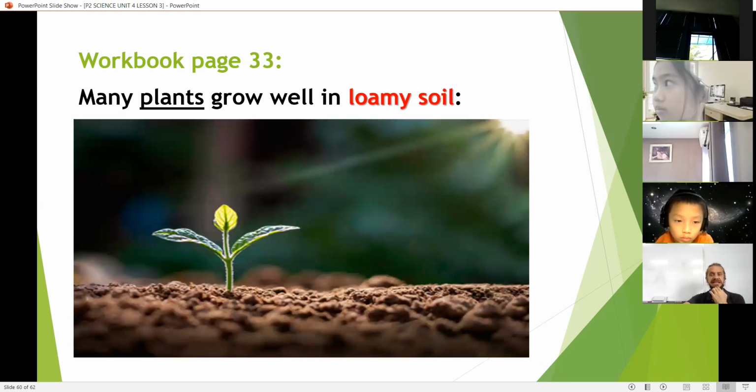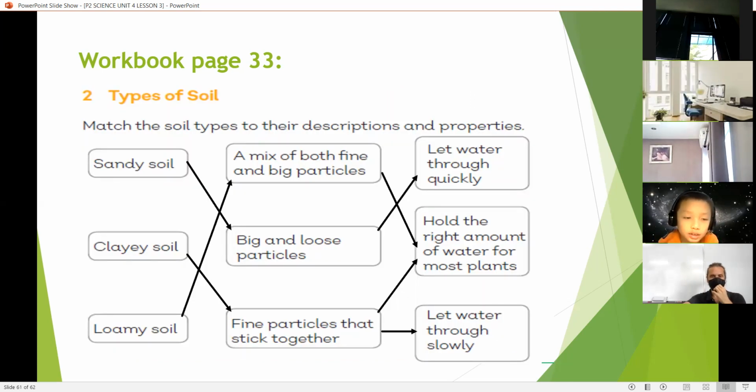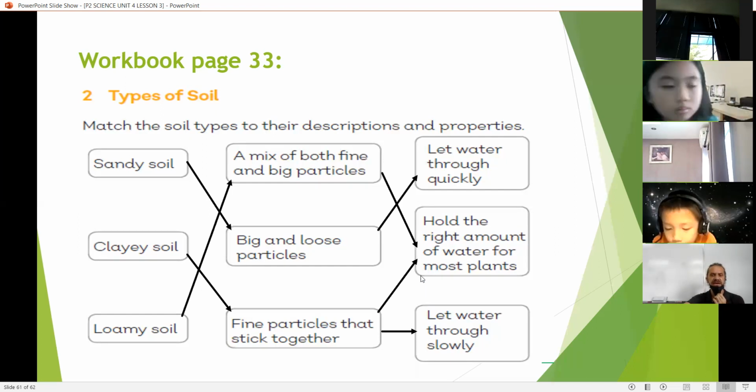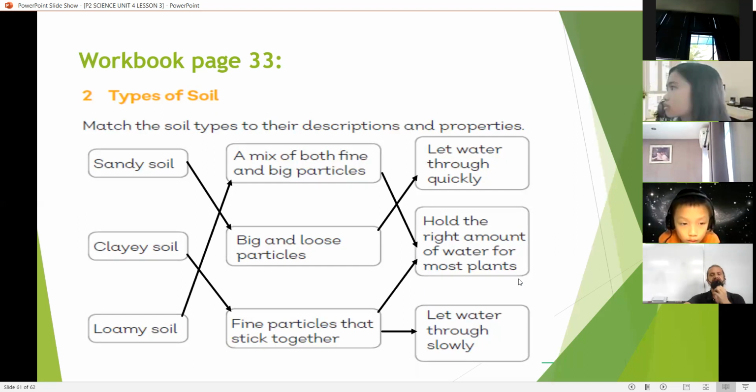And many plants grow well in loamy soil. So we can say loamy soil can hold the right amount of water for most plants.